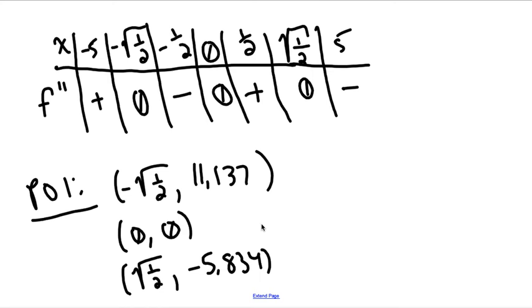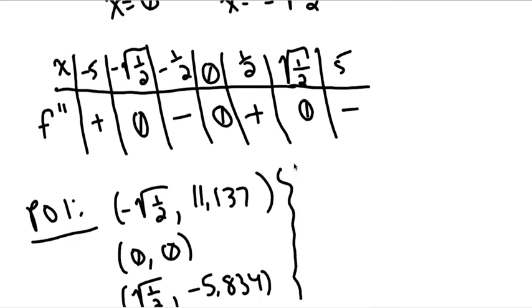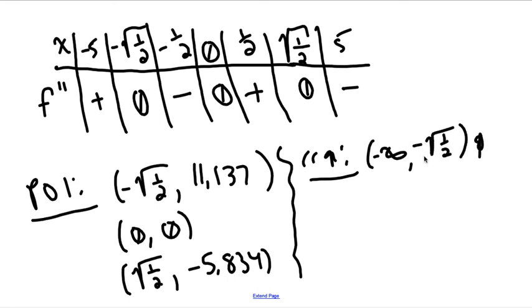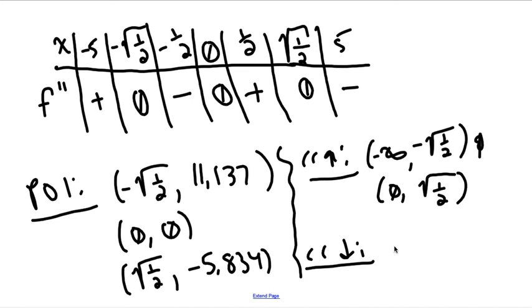points of inflection. Now, for our concavity, we're just looking at concave up wherever this is positive, so negative infinity up to negative square root of 1/2, and also between 0 and positive square root of 1/2. And then concave down everywhere else.